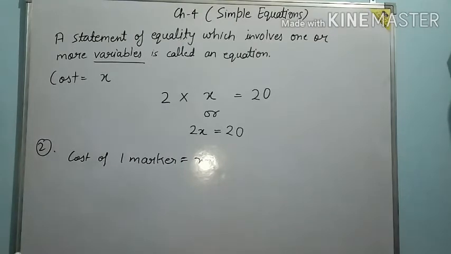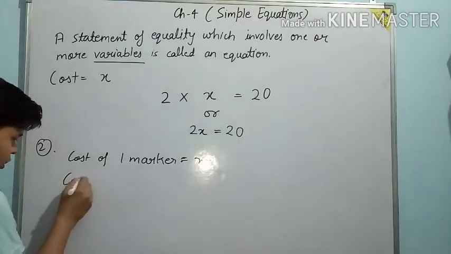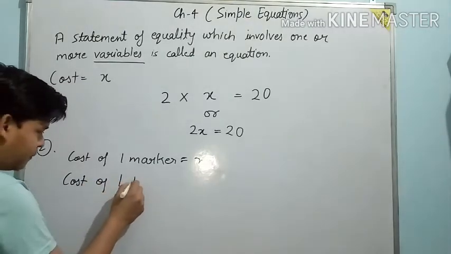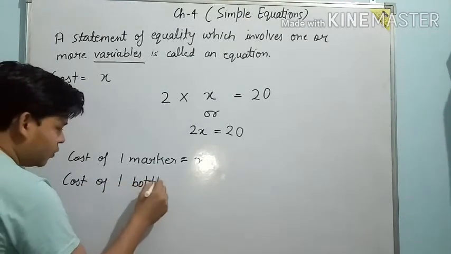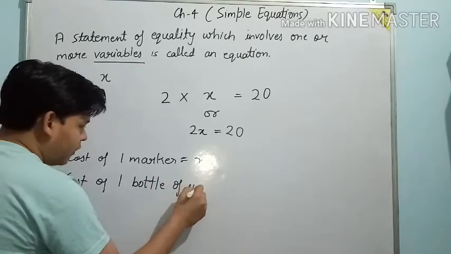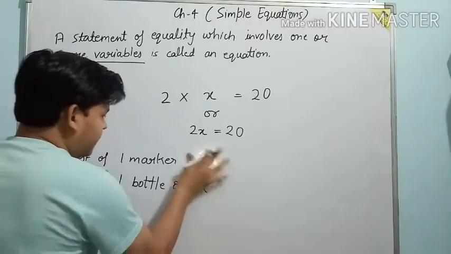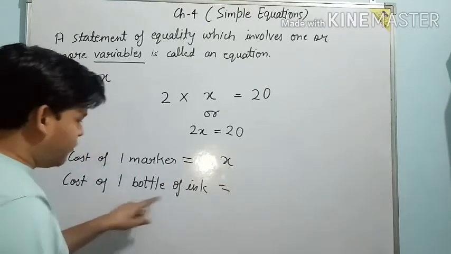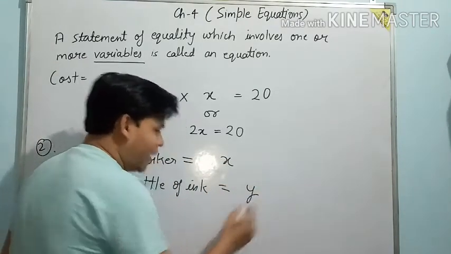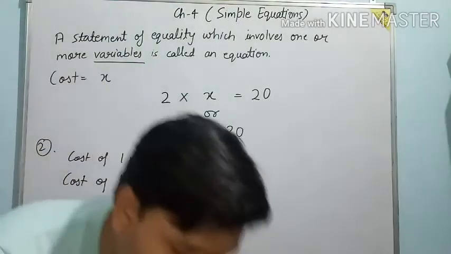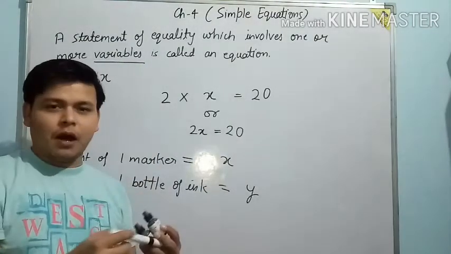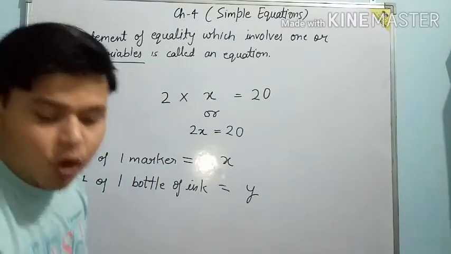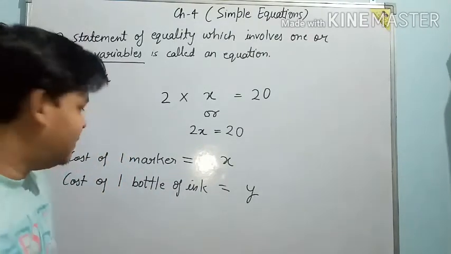And I want to buy bottles of ink also, and the cost of 1 bottle of ink is say y. Suppose I want to buy 1 marker and 2 bottles of ink. So how can I represent the cost of these 2 materials?